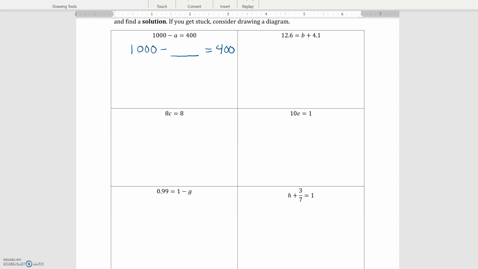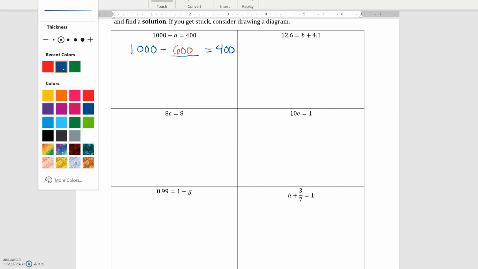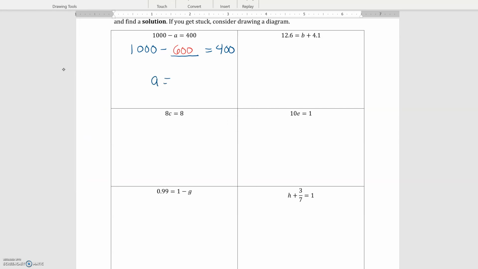I have to subtract something that would give me 400, and I'm going to guess that I could put a 600 here. That would be true because 1000 minus 600 gives me 400. So the solution here is A equals 600. It's some mental math thinking what would go there to make that a true statement.